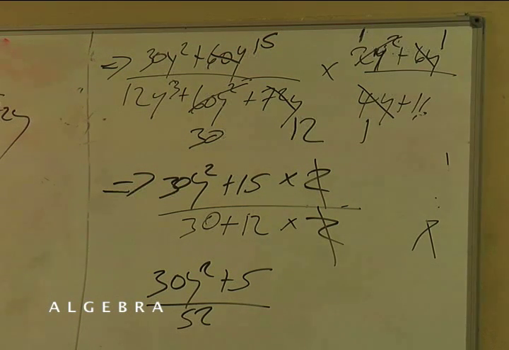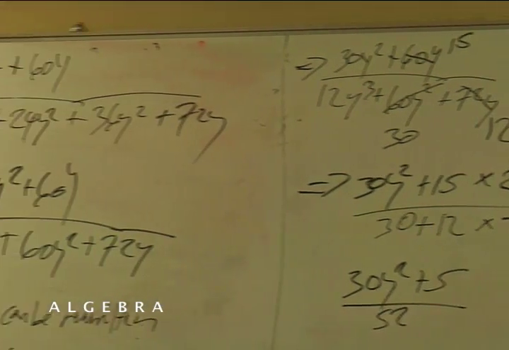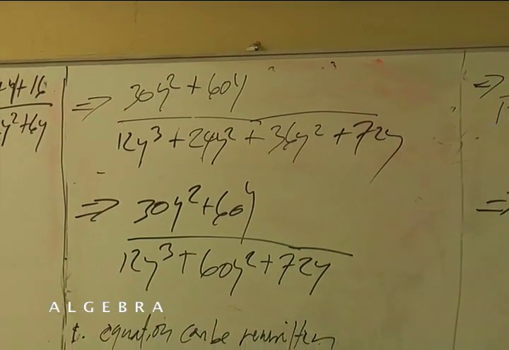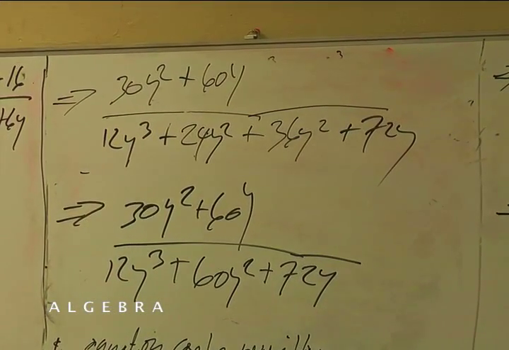All over 12y cubed plus 60y squared plus 72y. Yes, correct. So we're going to divide that now by 4y plus 16. All right, so turn upside down. Give me 2y squared plus 6y.